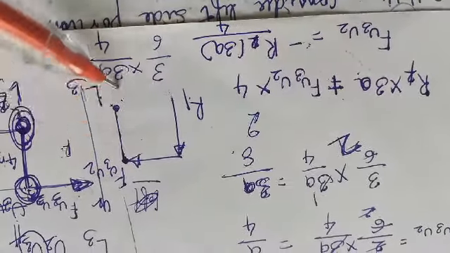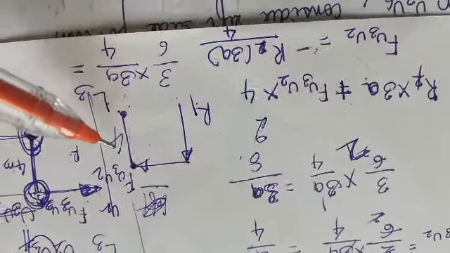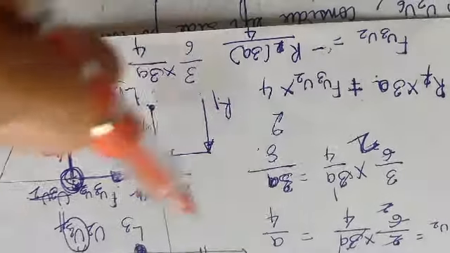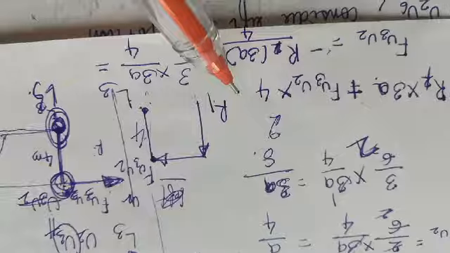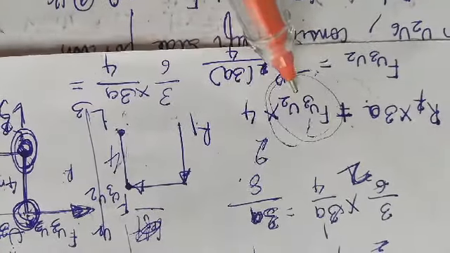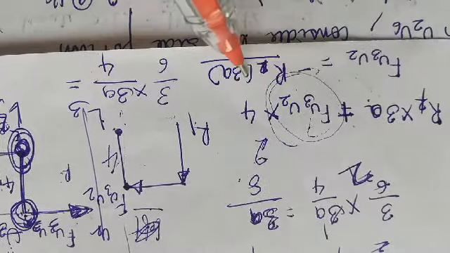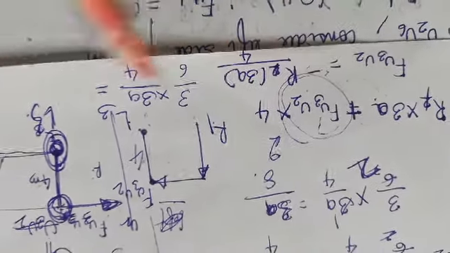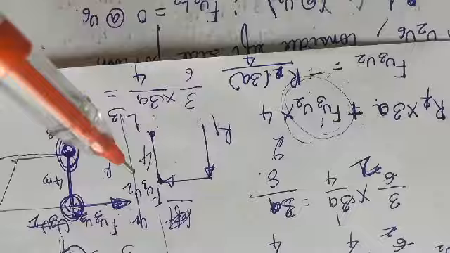U2 U3 into 4. Why 4? Because the height of the truss given is 4. So this will again be rotating clockwise, correct? So this is clockwise. So I'll calculate for this U2 U3. So I'll get the same. Here I'll get R1, there I'll get R2.